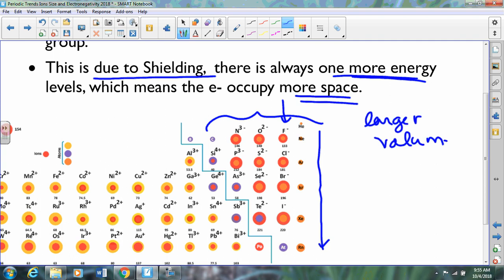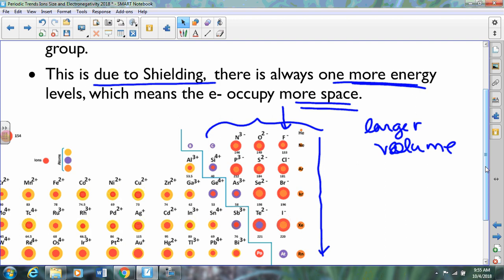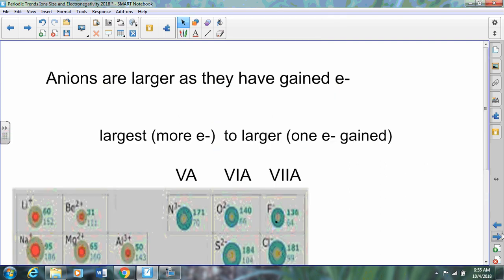And that's due to shielding. So anions are larger because they've gained electrons. I kind of already detailed this, but this image again helps us look at the inner part. It's the neutral.